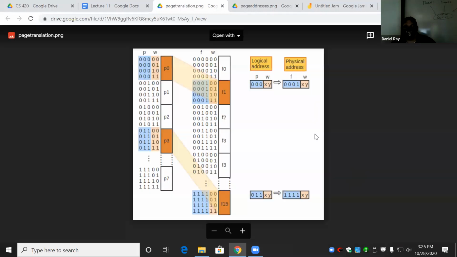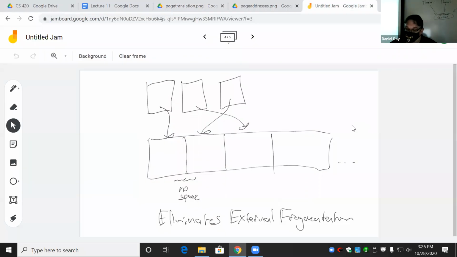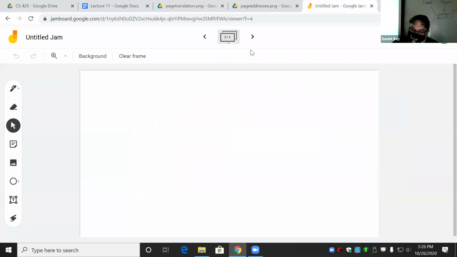And what that means is that every process also keeps track of a page table.